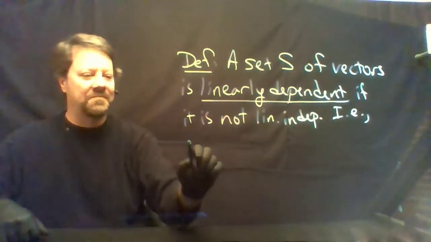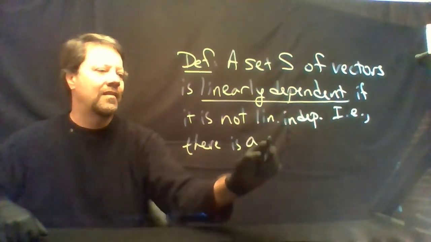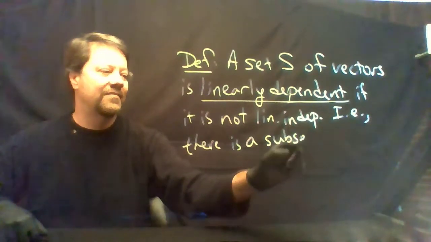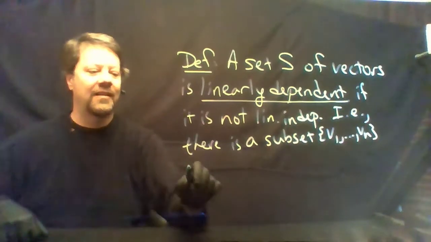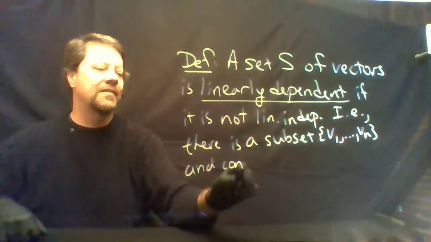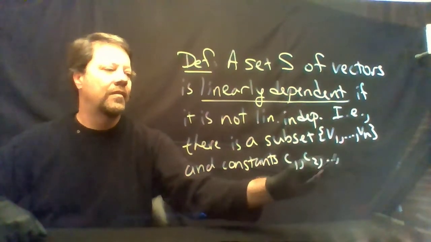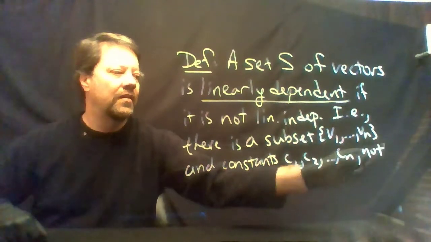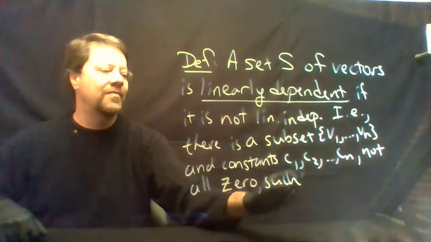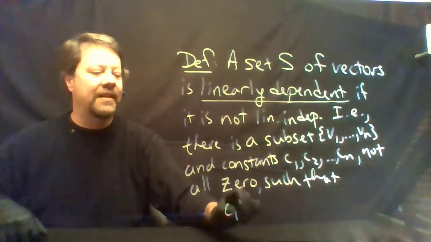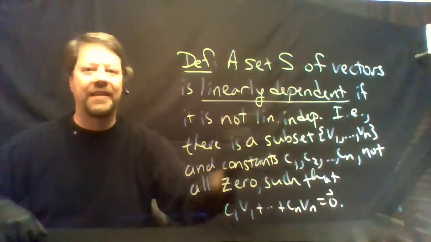Id est, there's a finite subset V1 through Vn and constants C1 through Cn, not all 0, such that there's a linear combination equal to the 0 vector.